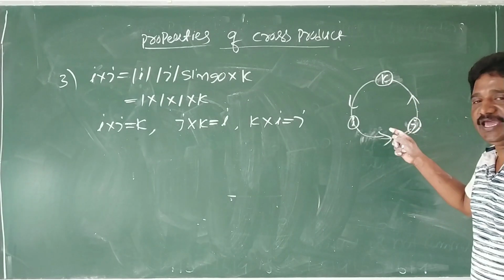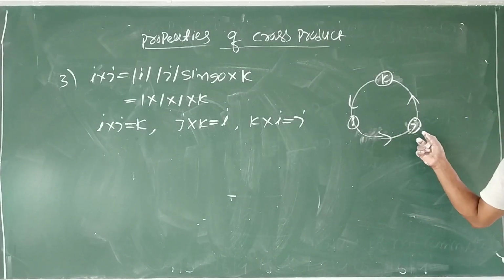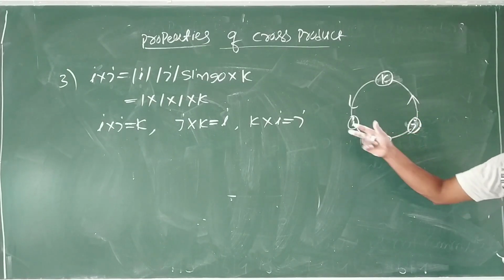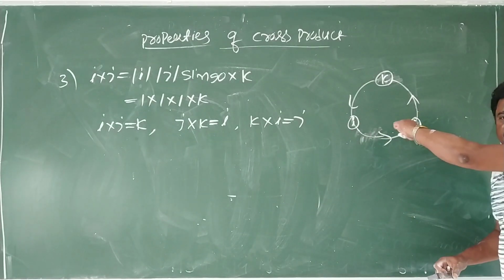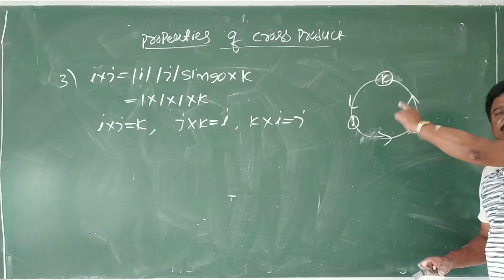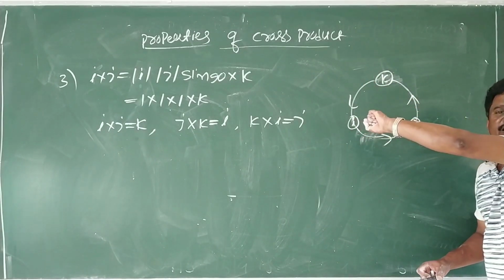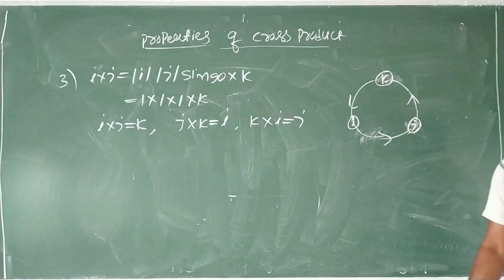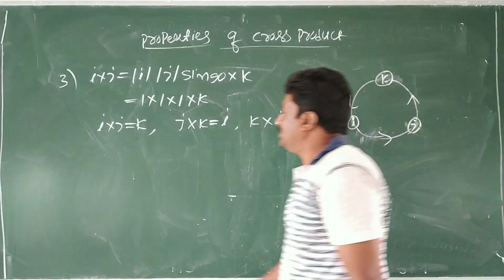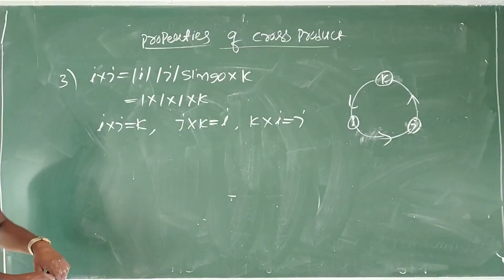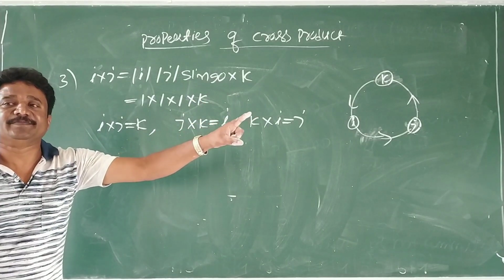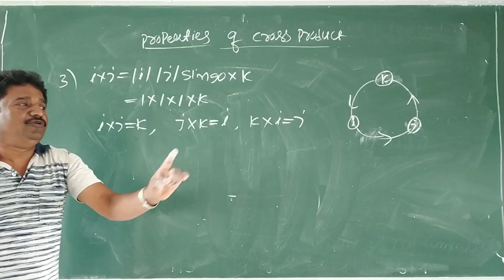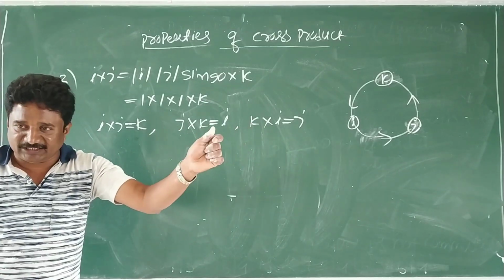I cross J is K. If it is J cross I, it is minus K, because the direction is opposite. I cross J is anti-clockwise, giving K, whereas J cross I is minus K, the direction is changing. If these things are not in cyclic order, you use minus.